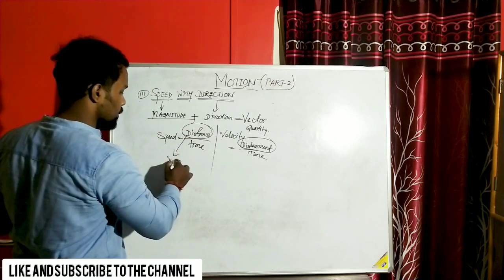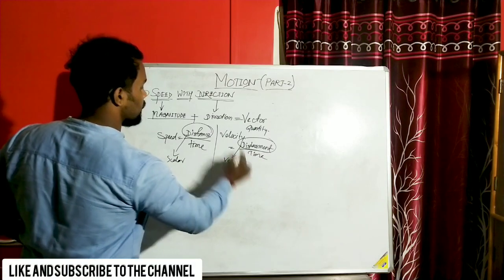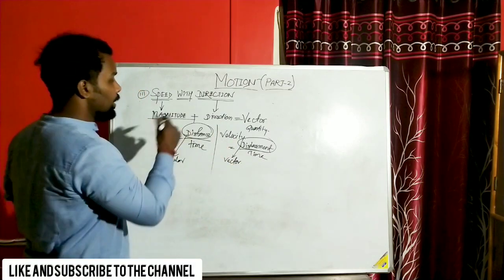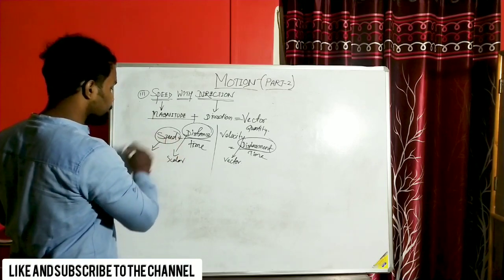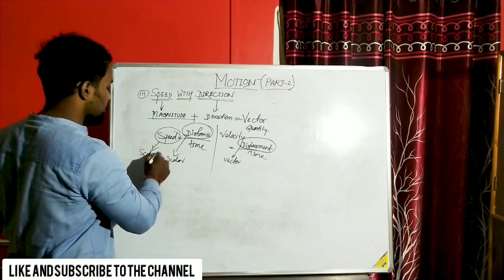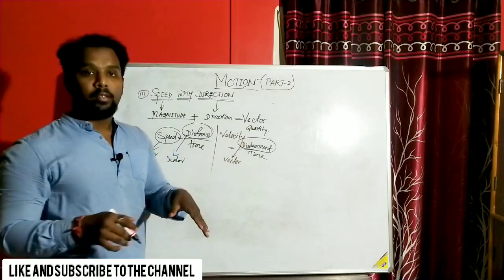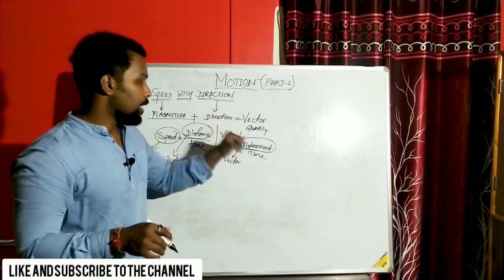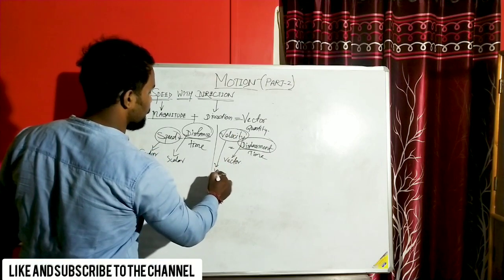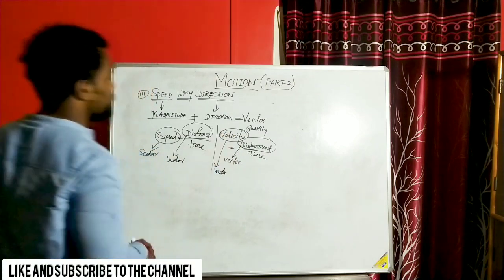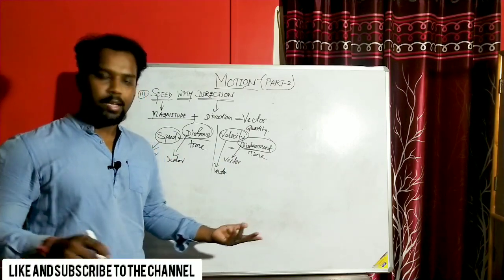Distance is scalar, displacement is vector. I told you that whenever we deal with a scalar quantity, we get a scalar quantity. But similarly here, whenever we divide a vector quantity by time, you are going to get a vector quantity.